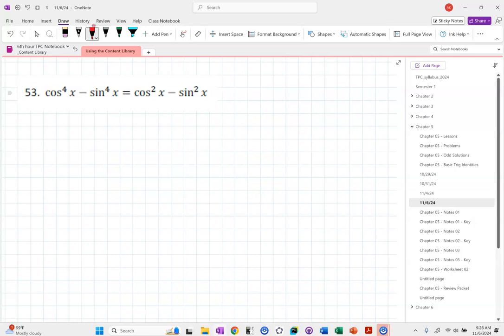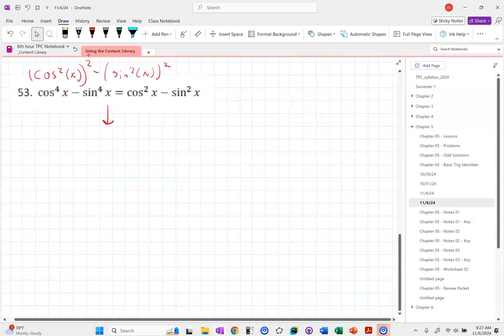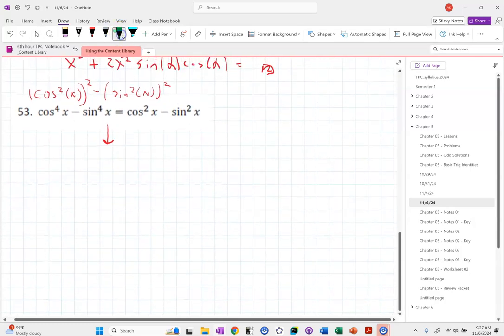And what I see when I look at this is that cosine x to the 4th looks like cosine squared squared. And sine to the 4th is like sine squared squared. So really what this looks like to me is an a squared minus b squared.